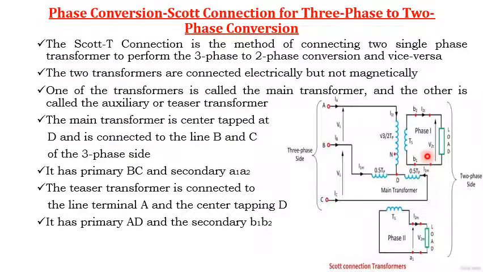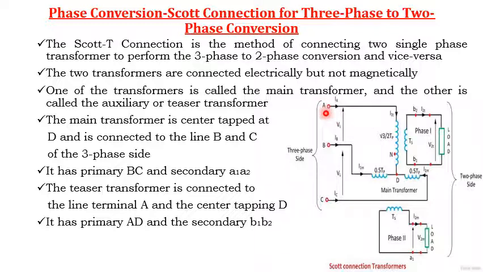Just simply you must know that it consists of two single-phase transformers. The connections are in such a way that for the main transformer, the primary winding is B to C and the secondary winding is A1 A2.